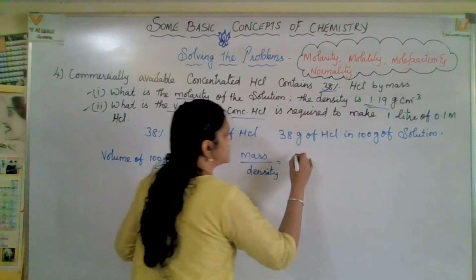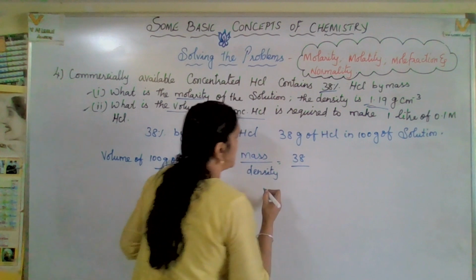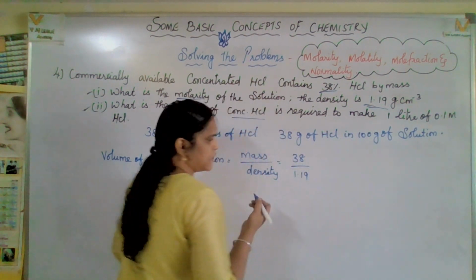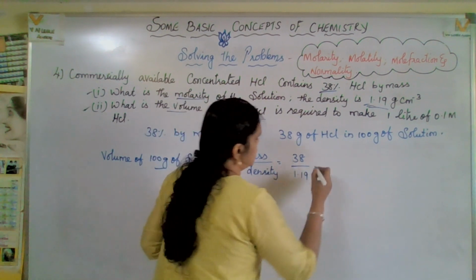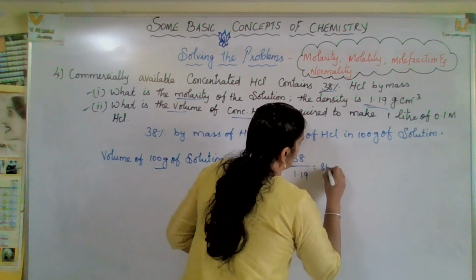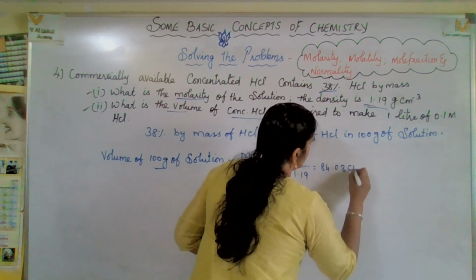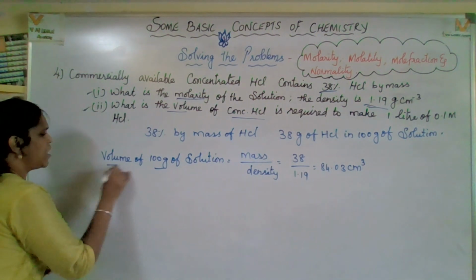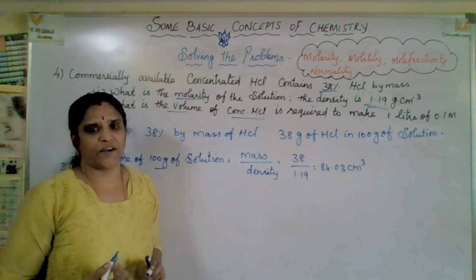Mass is 38 gram, and density they have provided is 1.19 g cm^-3. So you will get the answer 84.03 cm^3. That means here you got the volume of the solution.